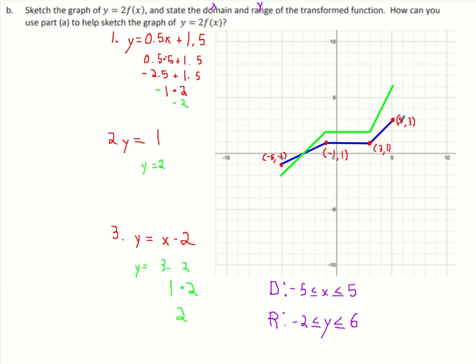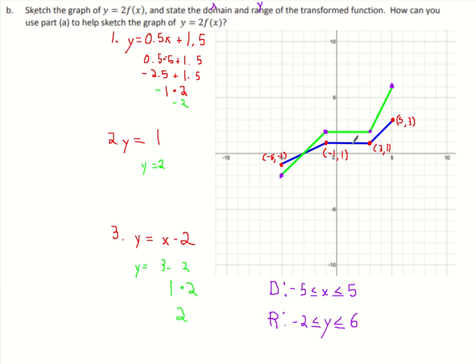If I were to ask, hey, what are the points that we would use to sketch this new graph, what would those points be? Well, same as in part A, it was all of our vertexes and then our endpoints. It's going to be the same thing here. We've got this endpoint, we have this vertex, and this endpoint.